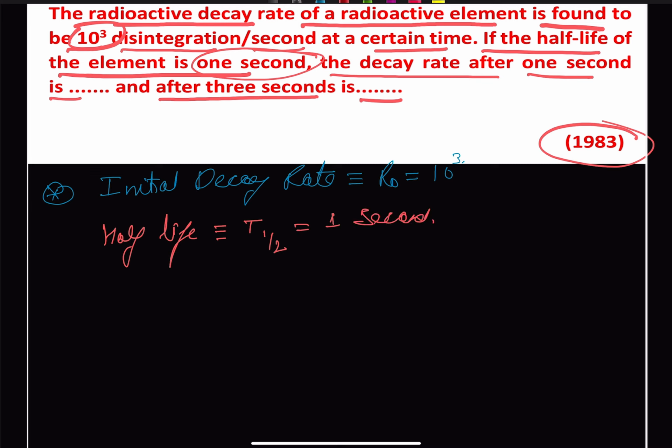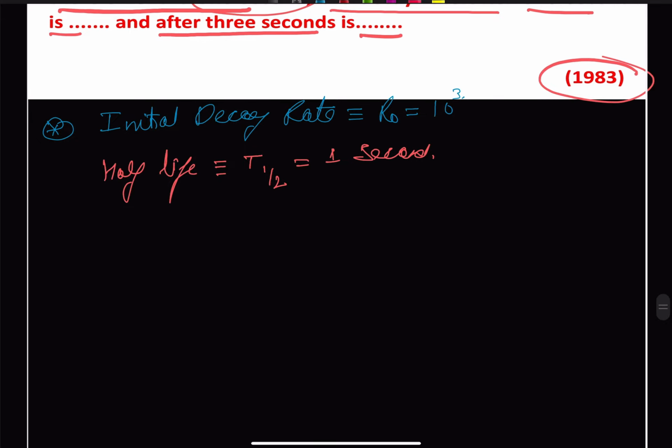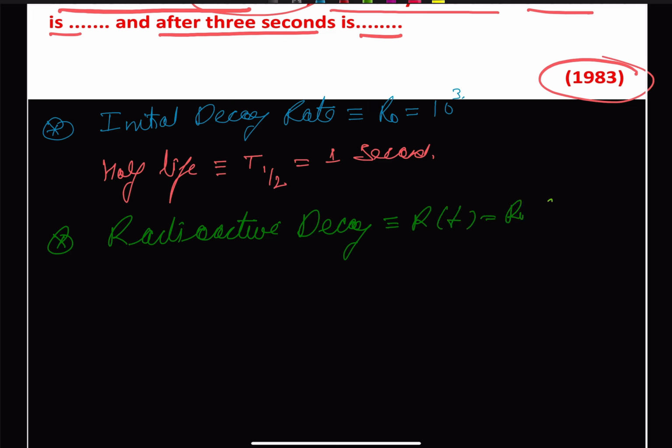And we already know the equation for radioactive decay. So the radioactive decay rate for a time t is equal to R0 times one half raised to the power t upon T half.